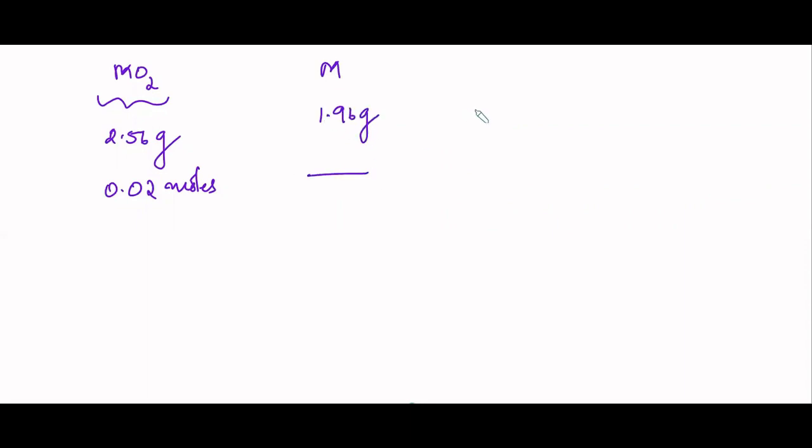So what am I getting? MO2 has a mass of 2.56 grams and its moles is 0.02 moles. Metal M has a mass of 1.92 grams, but we don't know the moles of it.